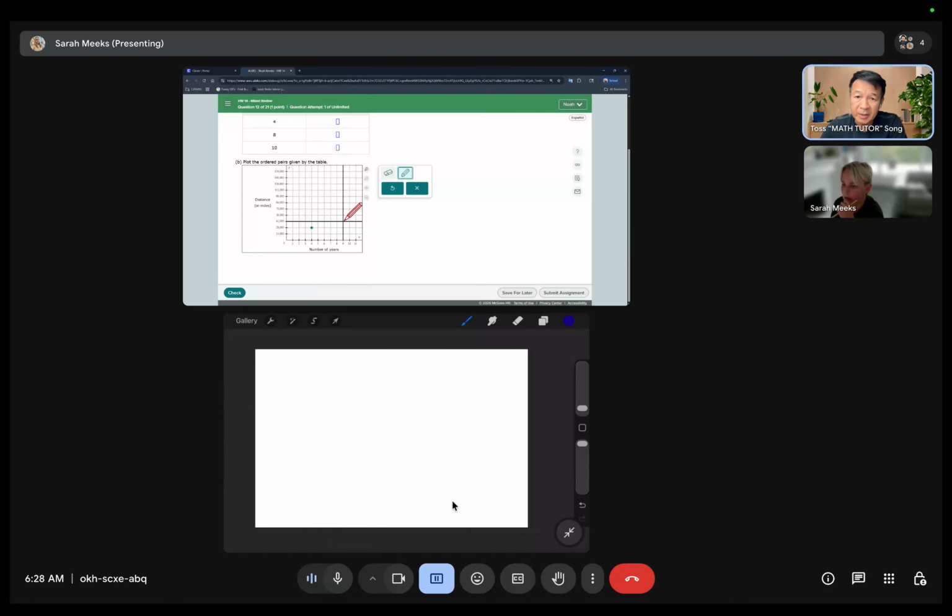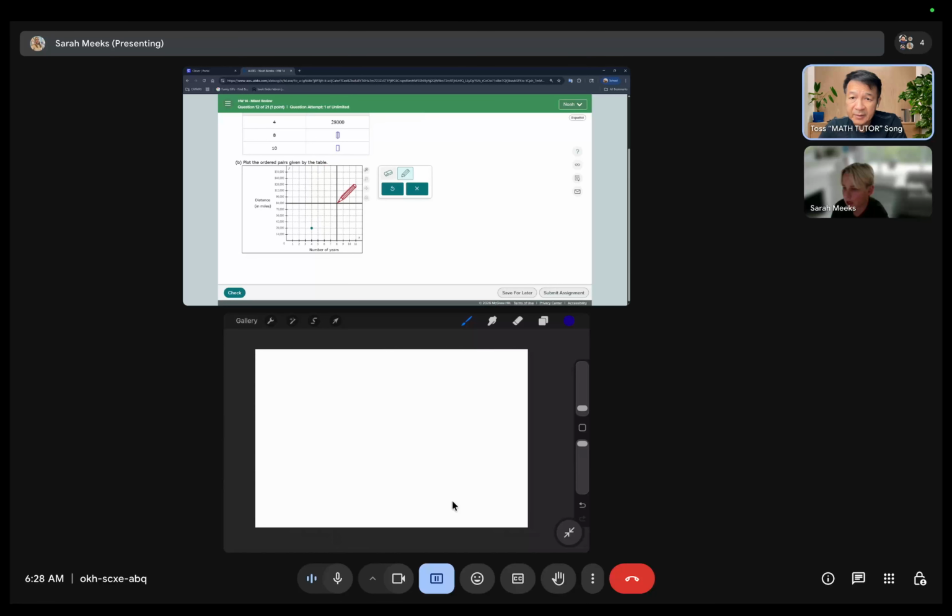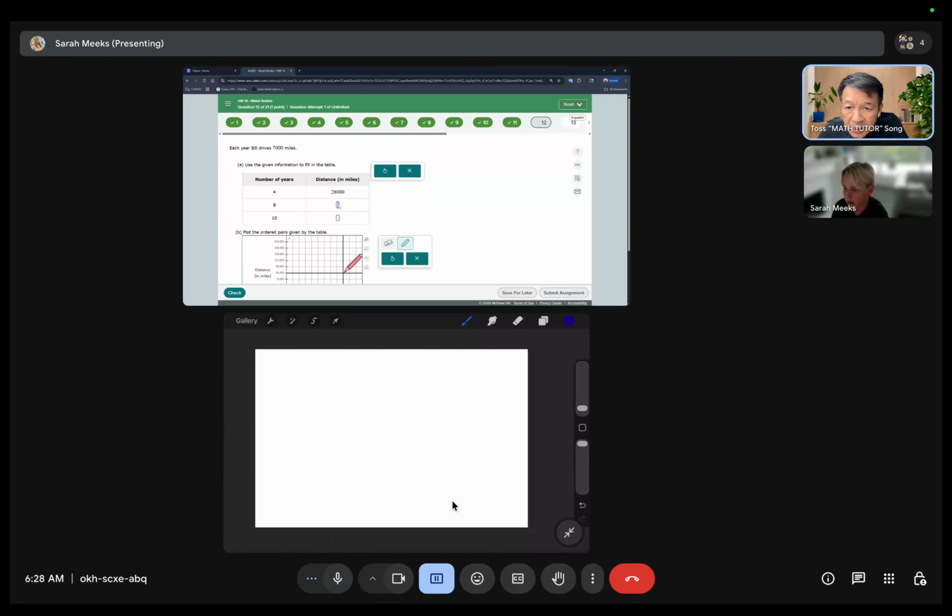Put the number in the box first. I think they want that. Yeah, they want the A portion and then the B portion. And then 5, 6, and 3 zeros. You can do them at the same time. 56,000. How do we even do that?